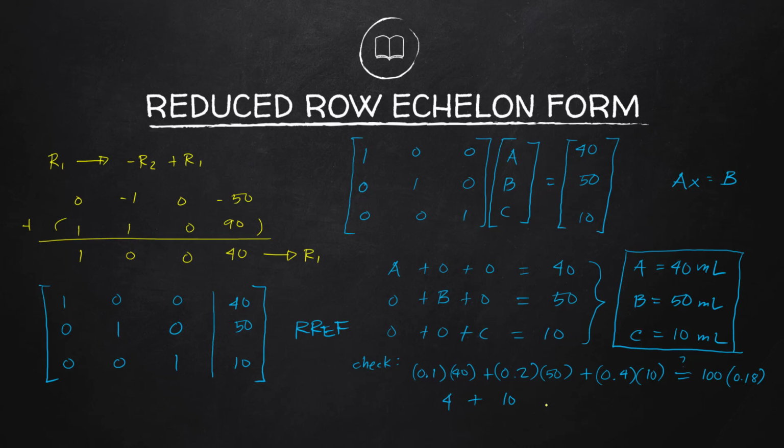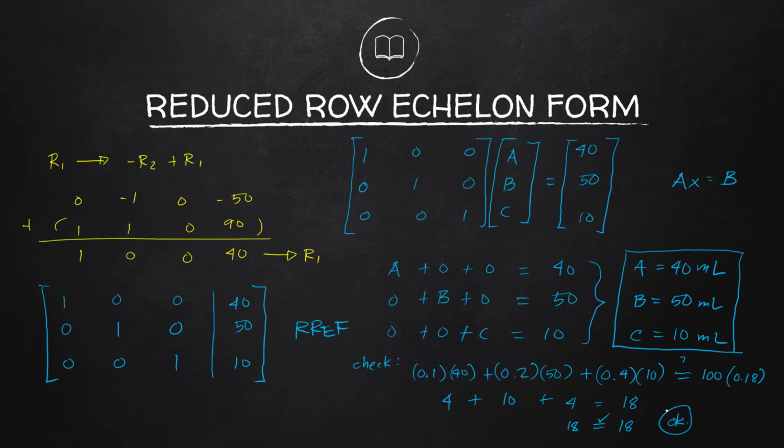And we have here 0.4 times 10 is equal to 4, and 100 times 0.18 is equal to 18. And 4 plus 10 plus 4 is equal to 18, and we have met the condition. That is correct.